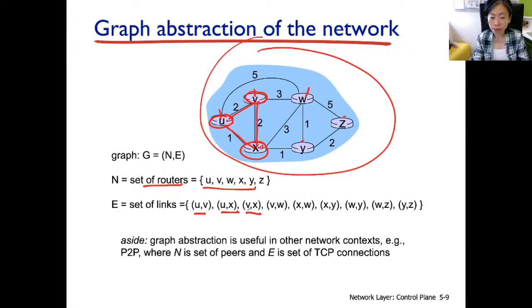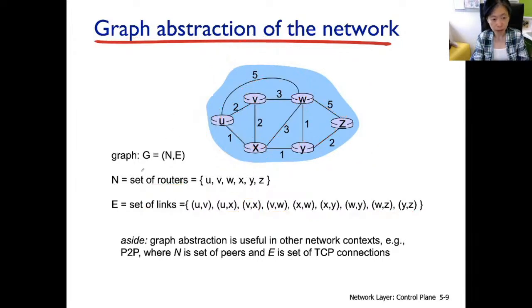VX is the link connecting router V and router X. Link VW connects router V and router W. So we can go over all the links defined here, and this forms the set of links interconnecting the routers. And coincidentally, a graph is also defined in a very, very similar way.